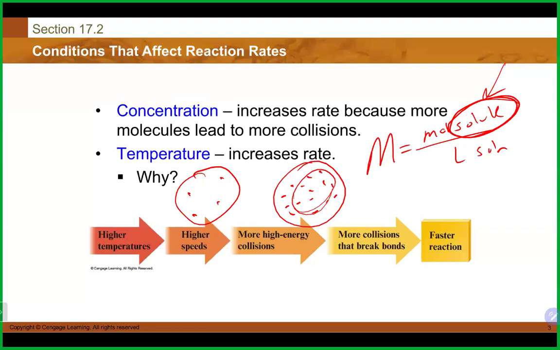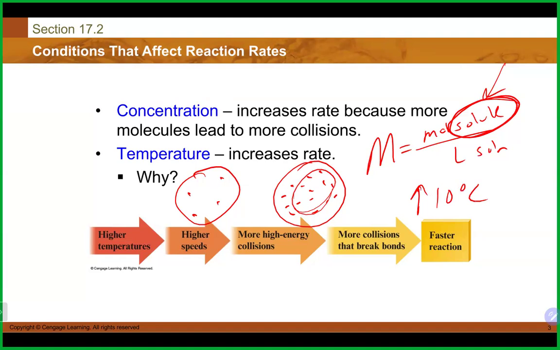Now, temperature plays a really big role in terms of the rate of a reaction. If you increase the temperature, you typically will see an increase in the rate of the reaction. For example, if you increase the temperature by 10 degrees Celsius, you oftentimes could double the rate of the reaction and make it occur twice as fast in a lot of reactions.